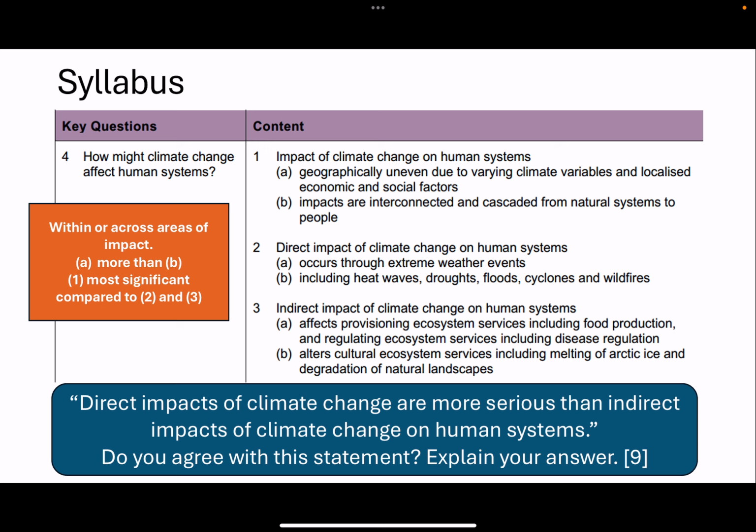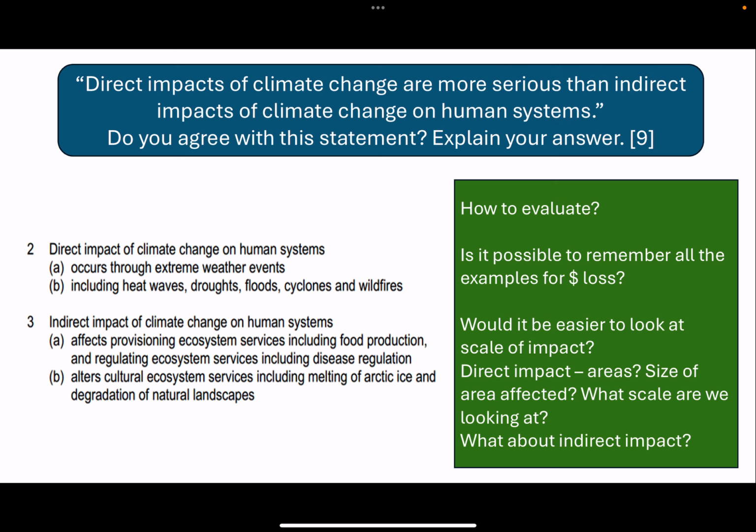So once again, it's a comparison component here. Technically, they cannot fault you if you pick one direct impact, either 2A or 2B, and you put it against an indirect impact, either 3A or 3B. And then you conclude with either agree or disagree with the statement.